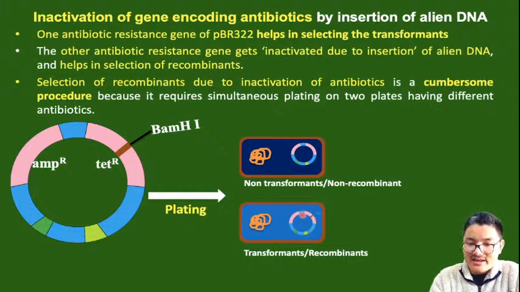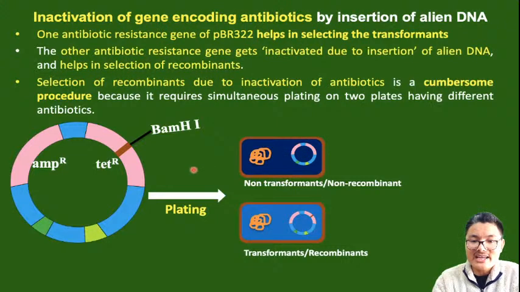Within this bacterium there is the gene inserted at BamHI after cutting with BamHI, and inactivation of the tetracycline resistance gene. So this is a transformant, or recombinant. Regarding the non-recombinant, there is no insertion seen here. The normal pBR322 is shown, which means there is no alien DNA, no foreign DNA, no desired DNA.